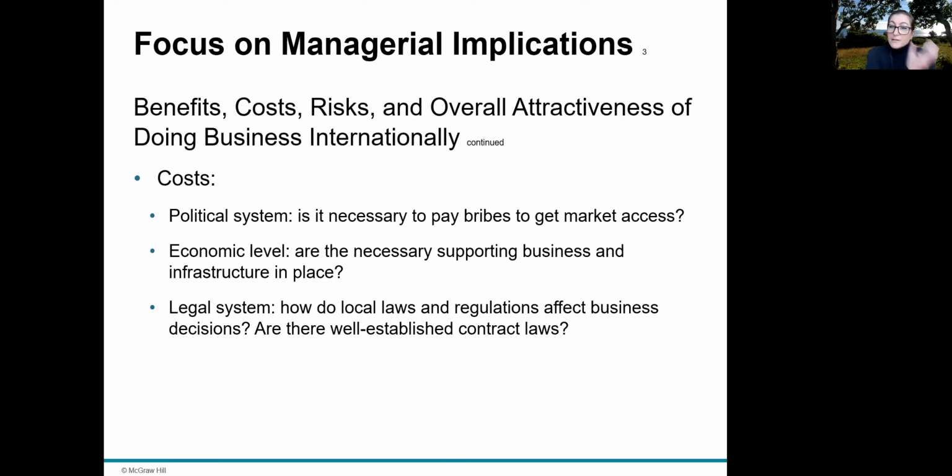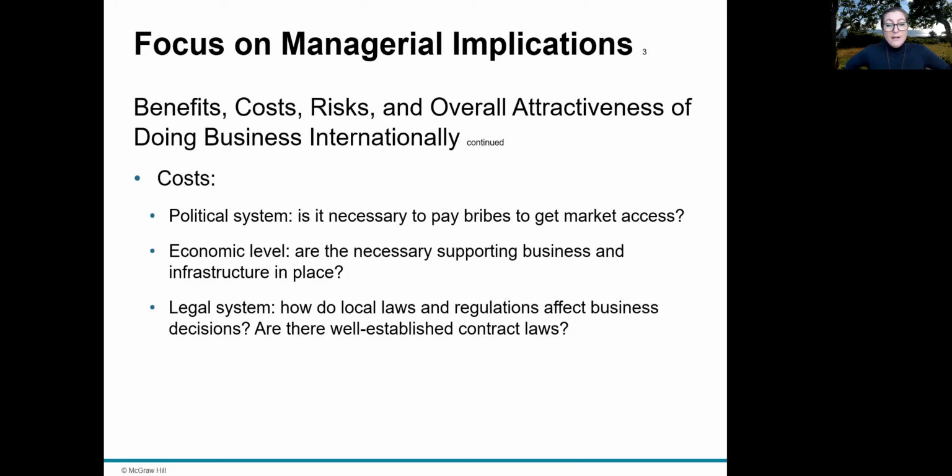So moving from considering benefits to looking at costs of doing business with a particular nation state. Let's look at the political system in the first place. Is bribery part of how you do business in this foreign country? What about the economic level?